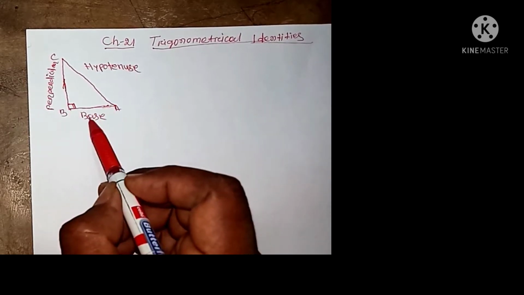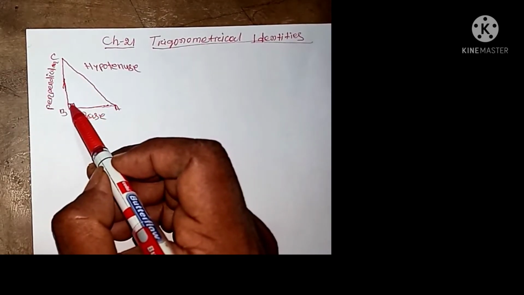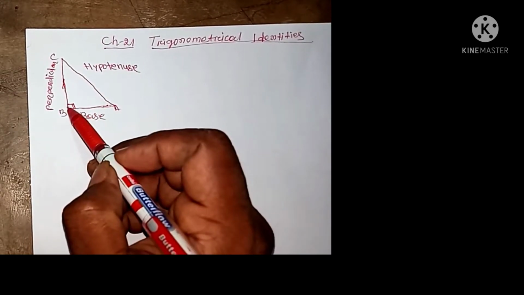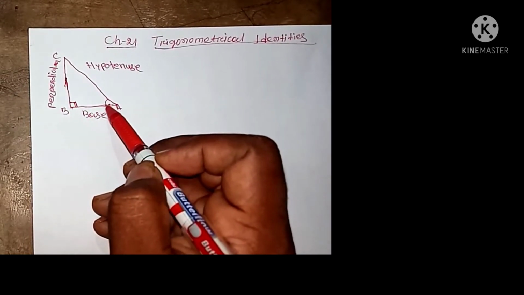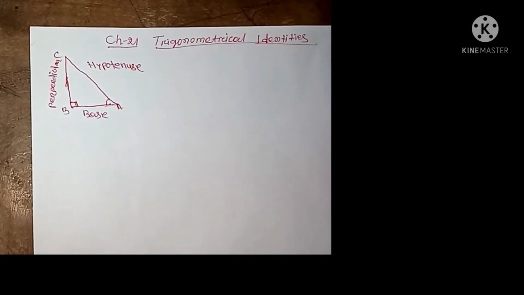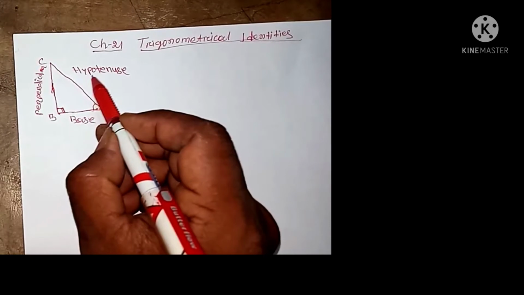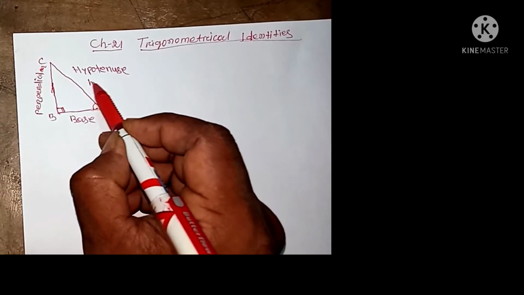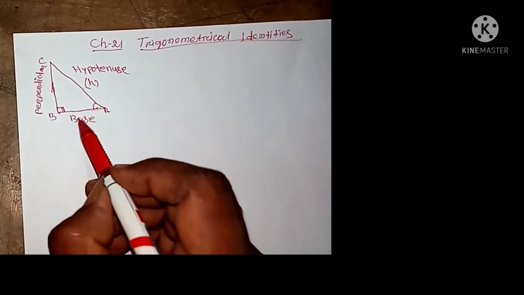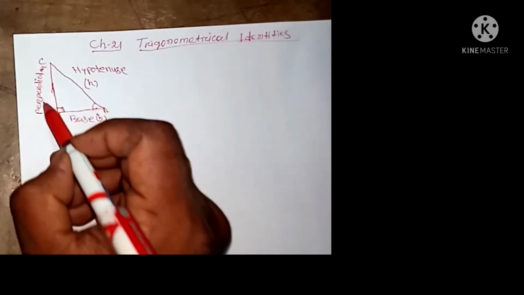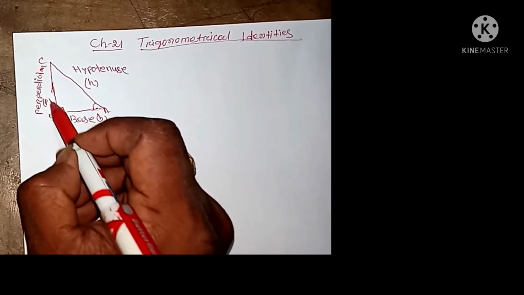This side is base. The opposite of the right angle is hypotenuse, and the opposite of angle A is called perpendicular. The hypotenuse is denoted as H, base denoted as B, perpendicular P.